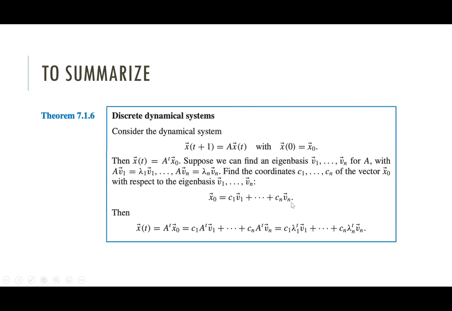Then an actual closed form for your state vector x of t, which you get by linearity, looks like this. And because these are eigenvectors, your state vector is c1 lambda 1 to the t v1 plus all the way to cn lambda n to the t vn.